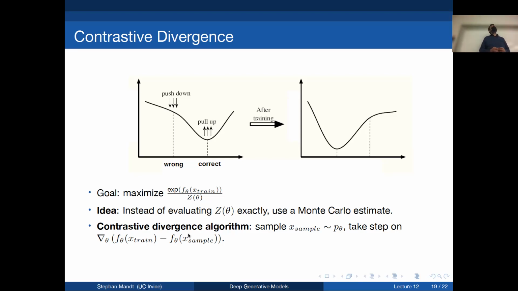There's another comment here. So you started out earlier in the lecture saying that it's difficult to sample from energy-based models, and so they're different. Good comment. So the comment was, like I said earlier, that it's actually difficult to sample from energy-based models, and now I'm sort of pushing that difficulty under the carpet. Right here, I say that I actually need a sample from that model, and I need it for training the model.